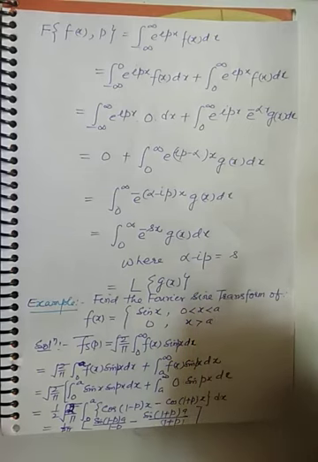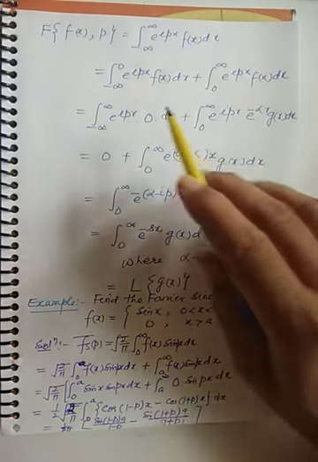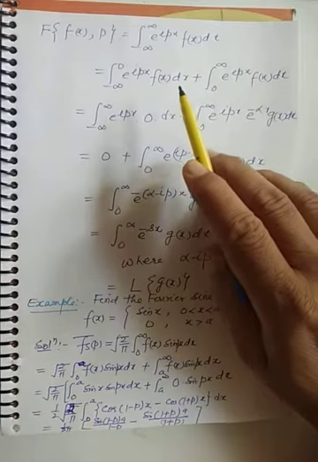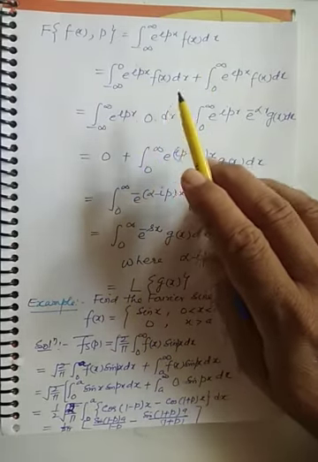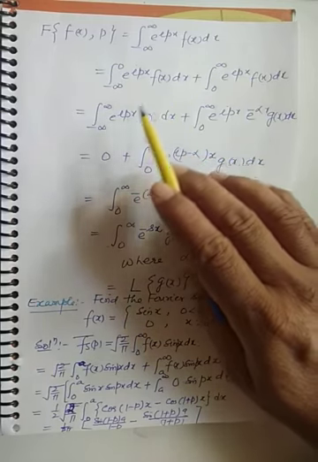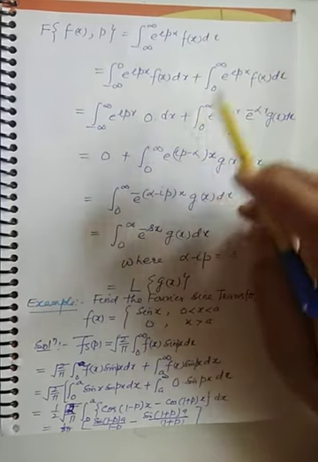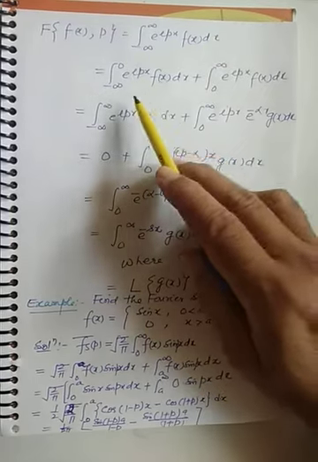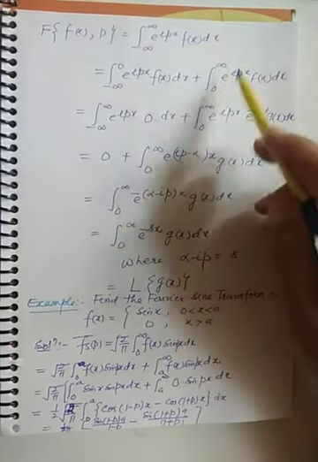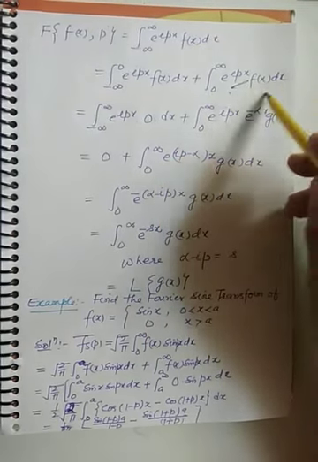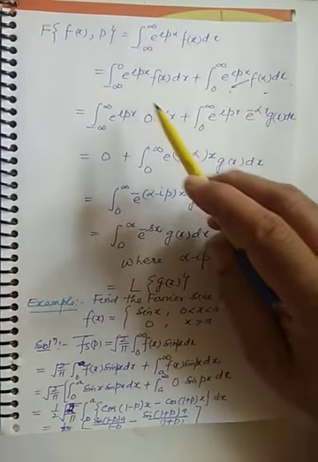Fourier transform of f(x) with parameter p is defined as integration from minus infinity to infinity e raised to power iota px f(x) dx. Breaking this limit into minus infinity to 0 and 0 to infinity: minus infinity to 0 e raised to power iota px f(x) dx plus 0 to infinity e raised to power iota px f(x) dx.